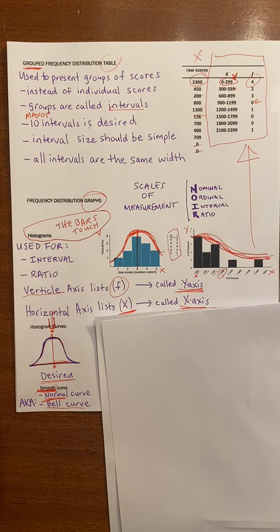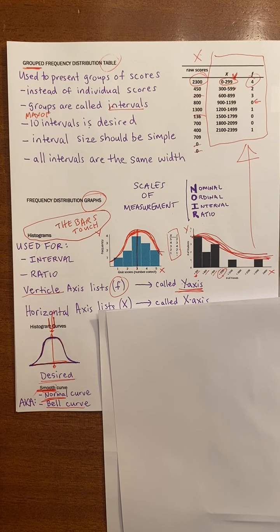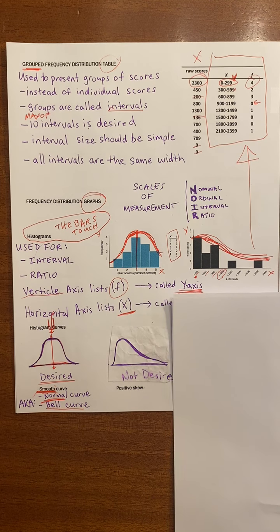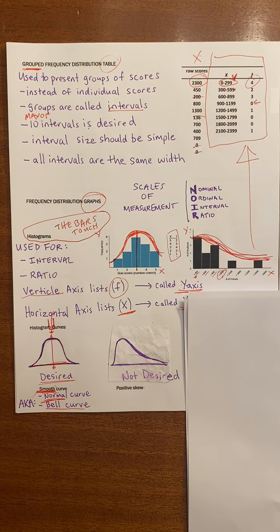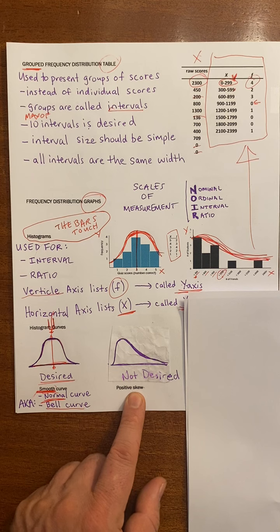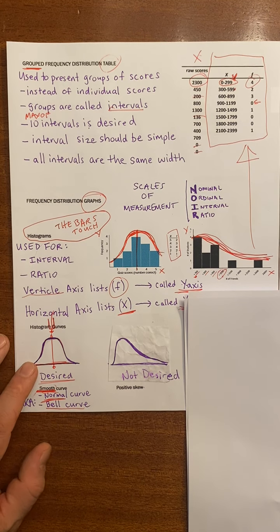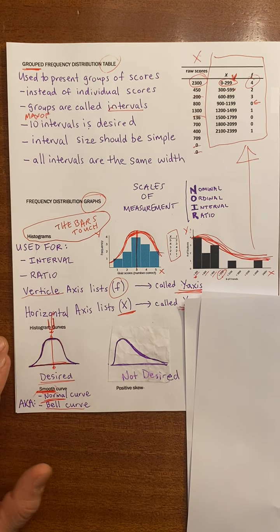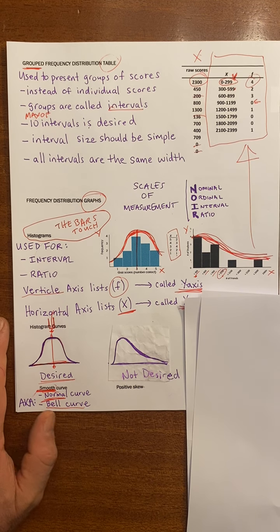Okay, but then there are two other types of curves that researchers can find as well. Another shape of a curve that they can find is one that they may refer to as positively skewed. First, let's note that this type of curve is not desired. The researcher does not want their data to look like this.